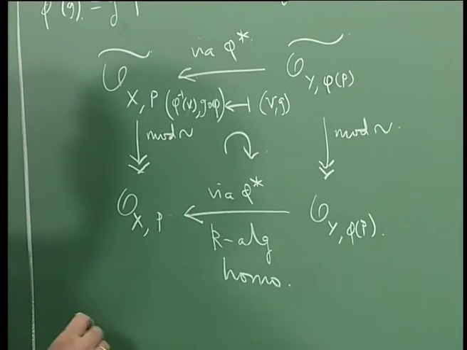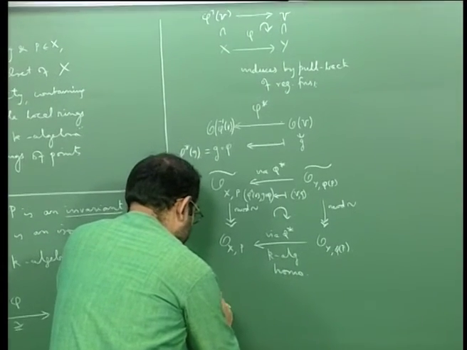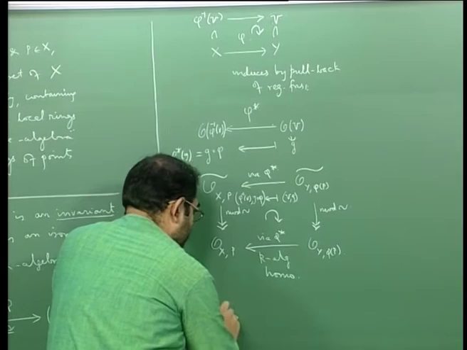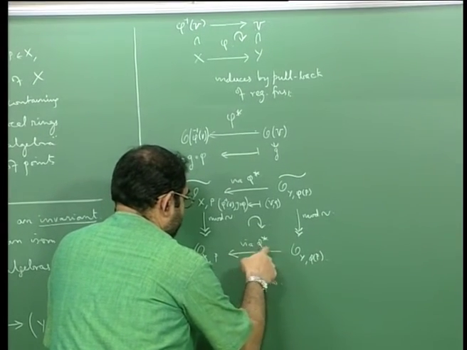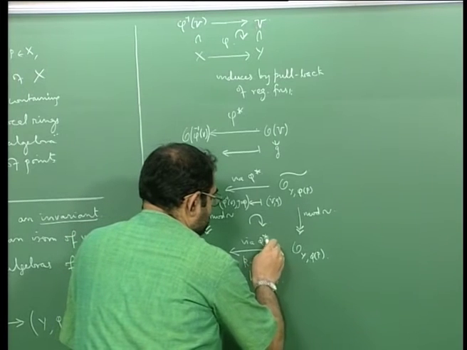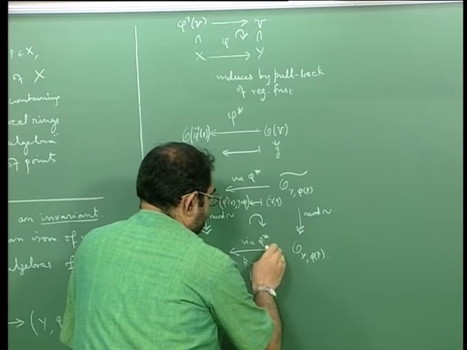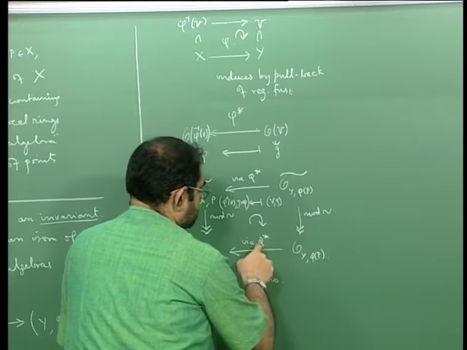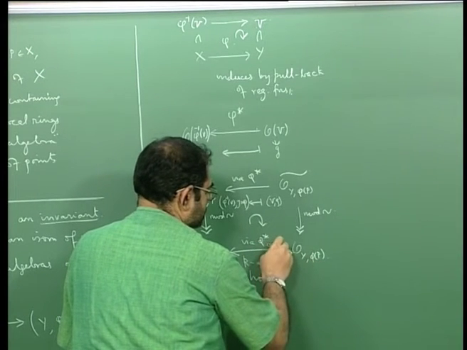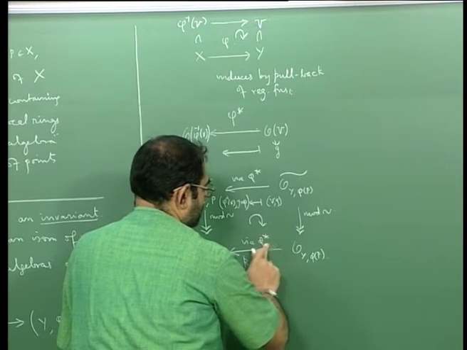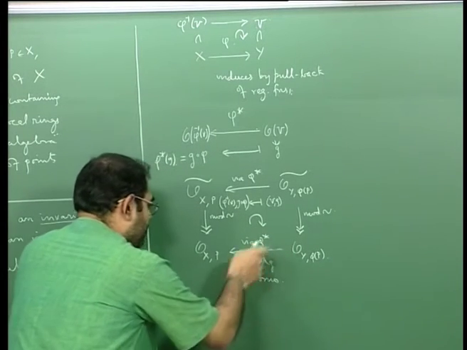So this map via phi, I'll call this phi star, going down to the point phi p. Let me not complicate the notation.